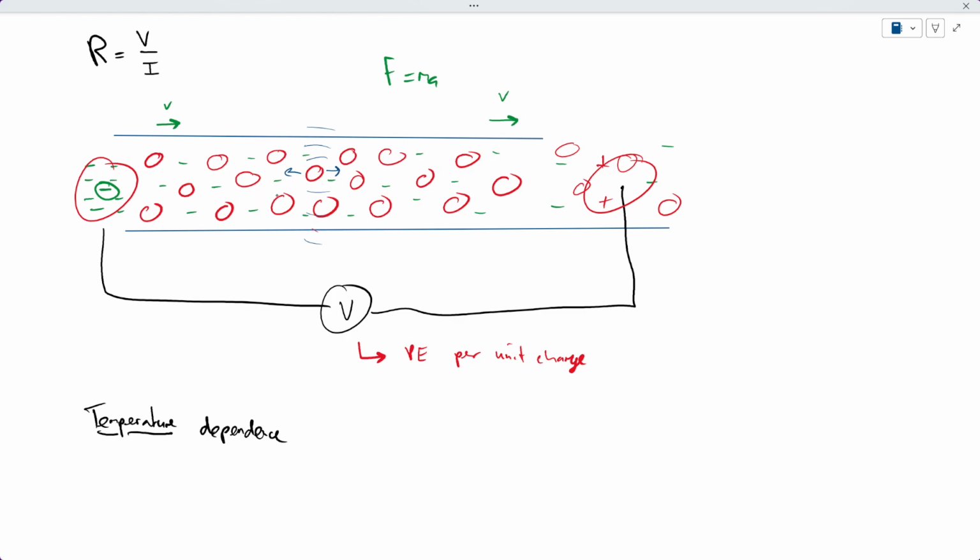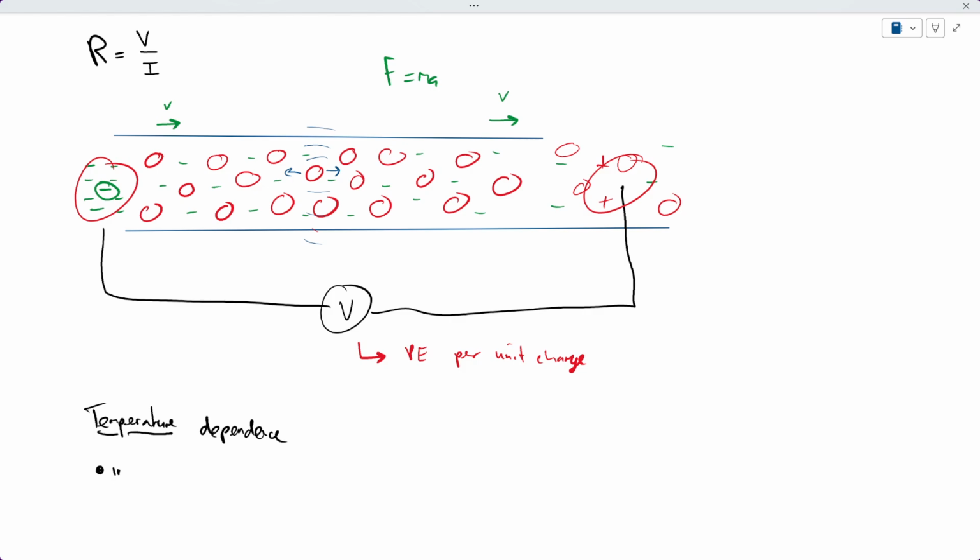All of the particles move faster, and that includes these free electrons. Remember I said at room temperature they're moving very quickly, colliding with ions. If I increase the temperature, they move faster. And if they move faster, the number of collisions they have with ions per second increases.